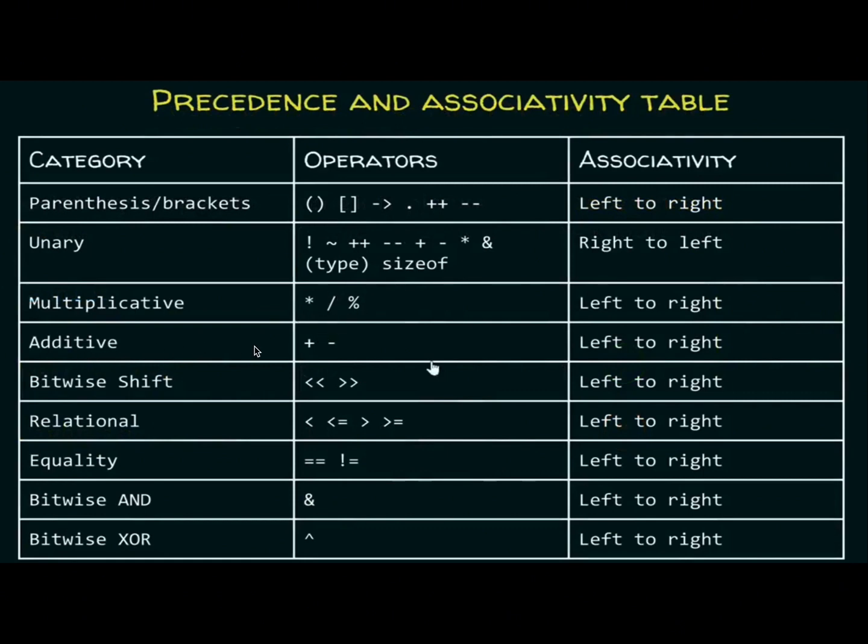Then we have the additive operators, addition and minus. Their associativity also ranges from left to right. So this is the summary of the precedence and associativity table for our operators.